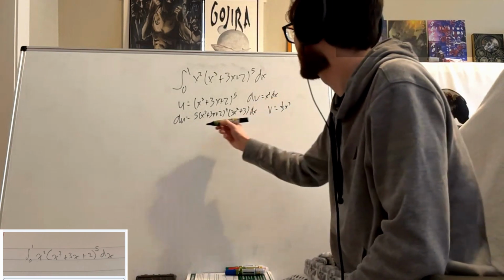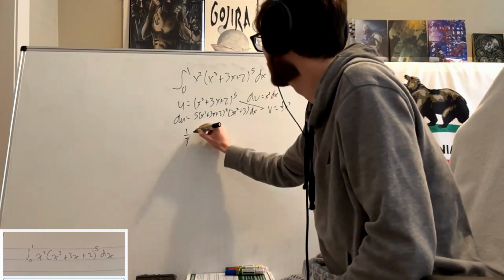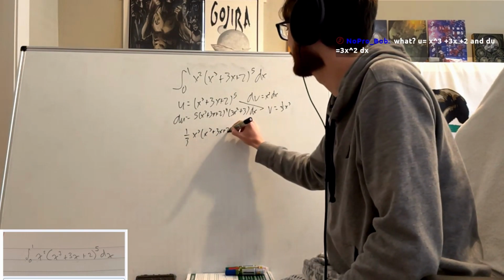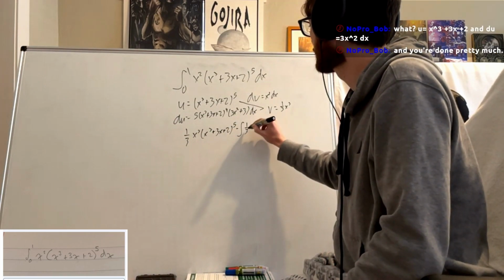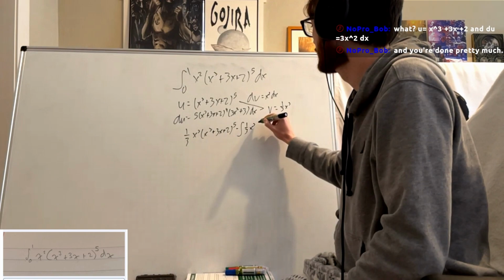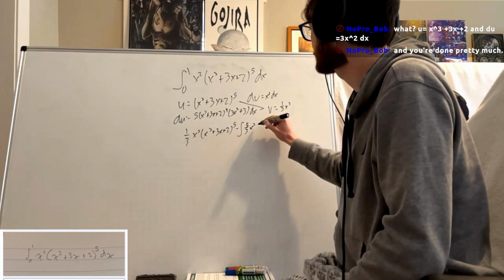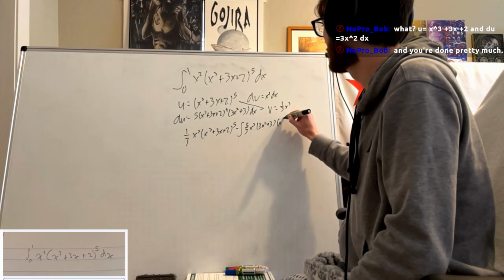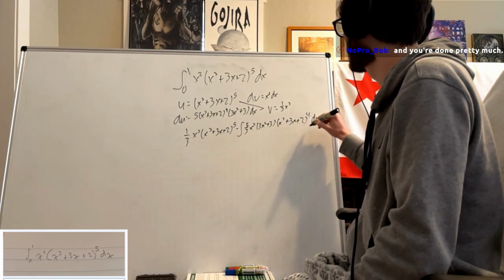Okay, then we do uv minus the integral of v du. 1/3 x cubed times x cubed plus 3x plus 2 to the 5th, minus the integral of 1/3 x cubed, and I'm going to change that to 5 because we have the 5 there, times 3x squared plus 3 times x cubed plus 3x plus 2 to the 4th dx.